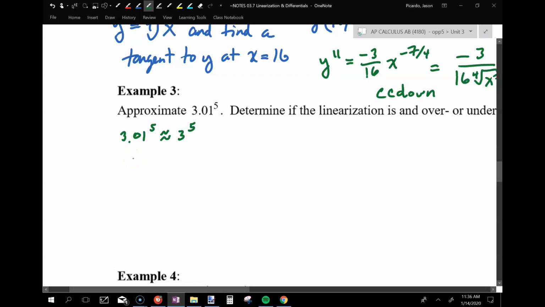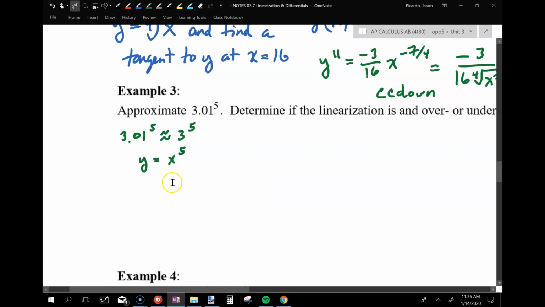Oh, by the way, hang on. What's the one that I changed? I changed this, right? So do you guys agree that this has to be the variable when I create my function? So it's going to be y equals x to the 5th, right? So that's the function I'm going to use to analyze this, okay?